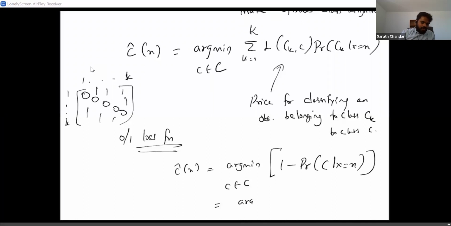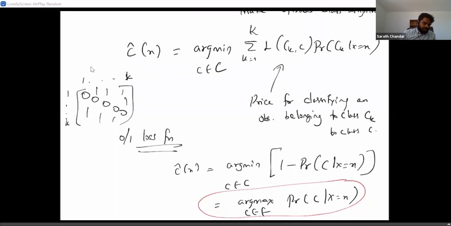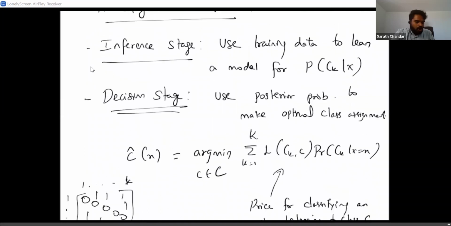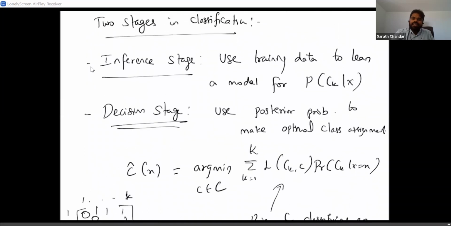And this is also equivalent to arg max of probability of C given X is equal to x, right? We had a name for this particular classifier. This is basically the Bayes classifier. So basically what we are doing here is, if the loss is 0-1, then once you have P of CK given x, all you have to do is pick the class which has the maximum probability. It's a very intuitive thing, and that is what the decision theory is also asking us to do.